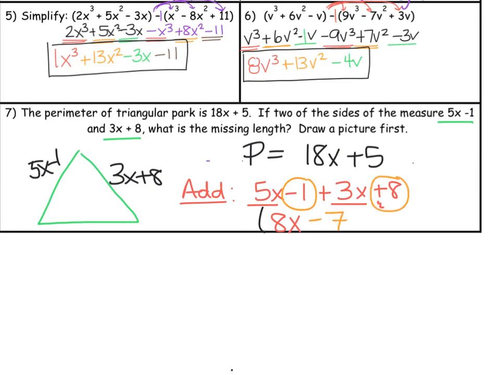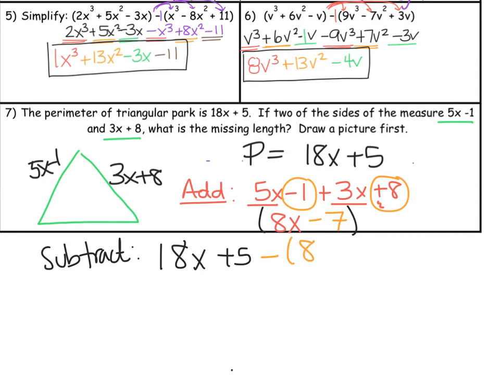Now we need to take this new term and subtract it from our perimeter. Our perimeter is 18x plus 5, and from that we need to subtract this entire binomial, 8x plus 7. So this is where we don't want to forget about distributing out that negative.